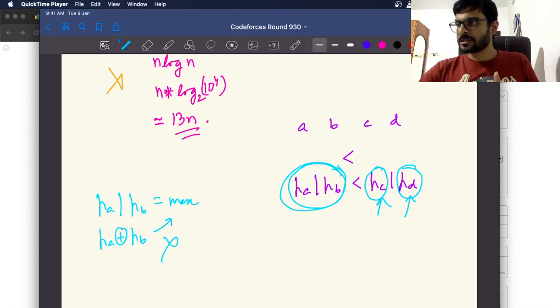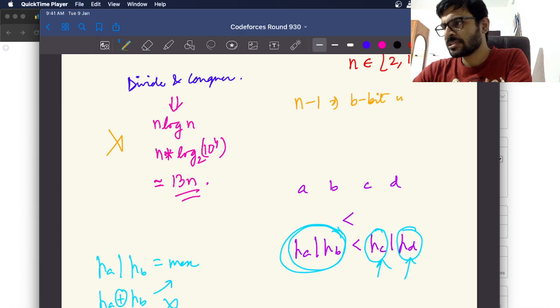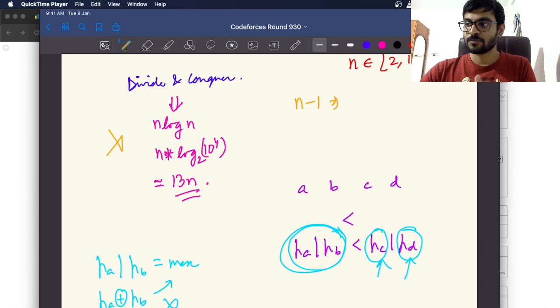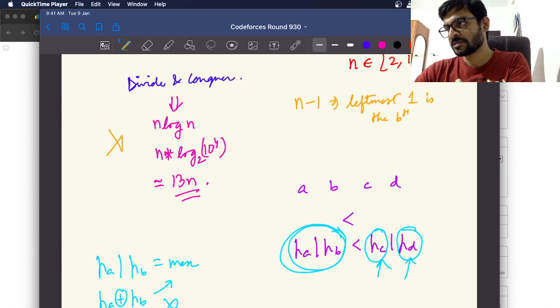Now, before I proceed further, what is the max value? With basic bit manipulation knowledge, you can understand that if your n-1 is a b-bit integer, what I mean is that the leftmost one is the bth bit from the right.